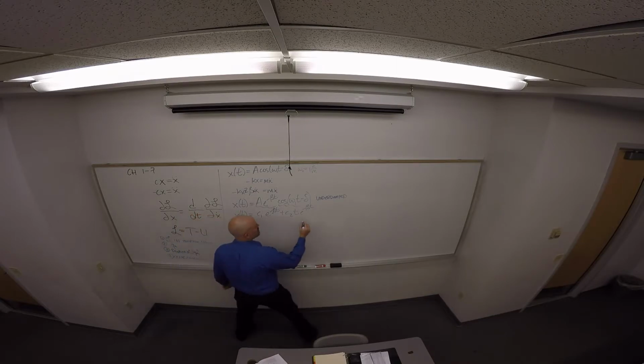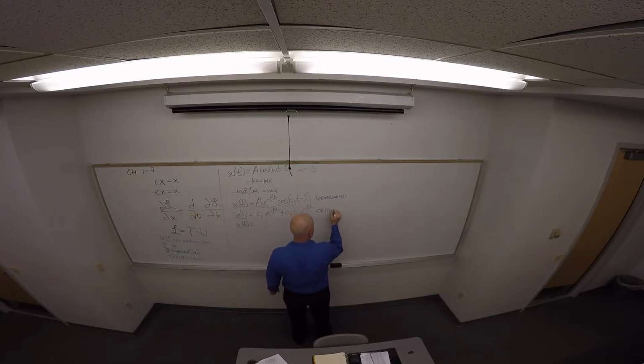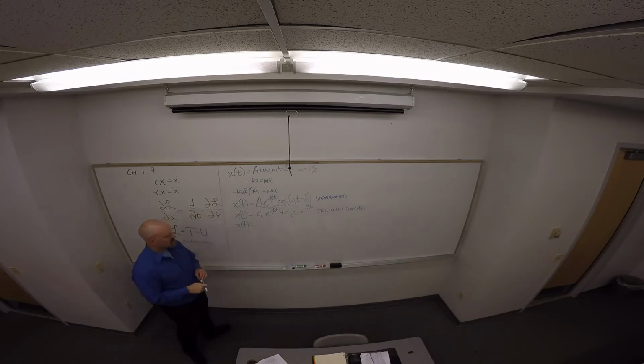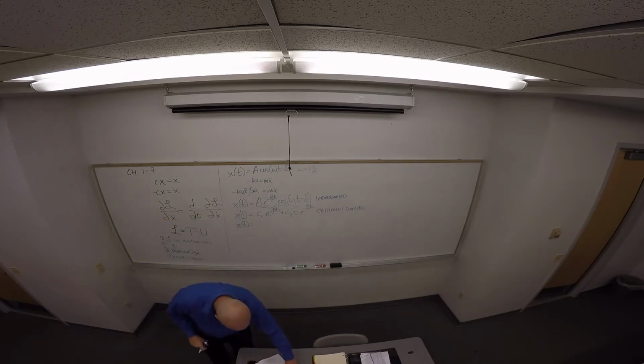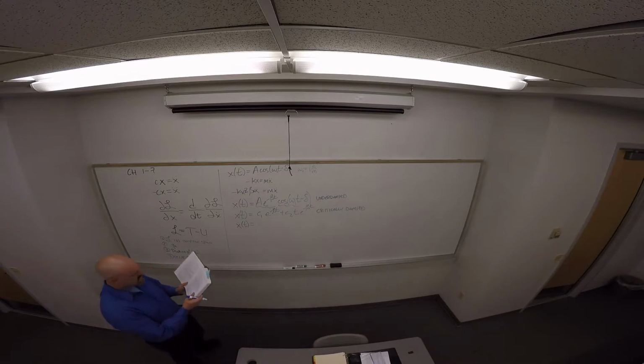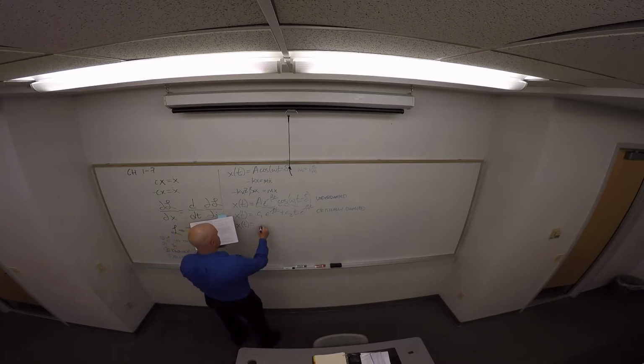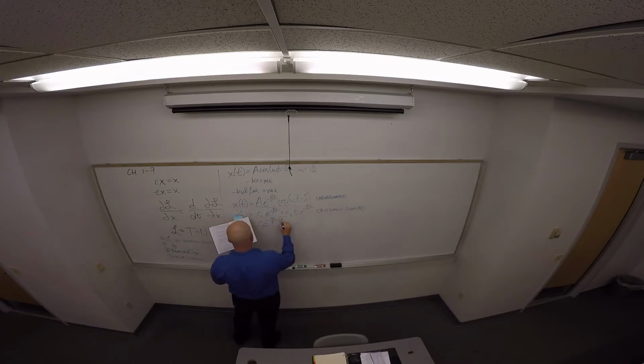Okay, case 3. That's the overdamped case, in which the solution is kind of a mess. C1 e to the minus beta minus square root of beta squared minus omega squared t plus C2 times the other exponential.